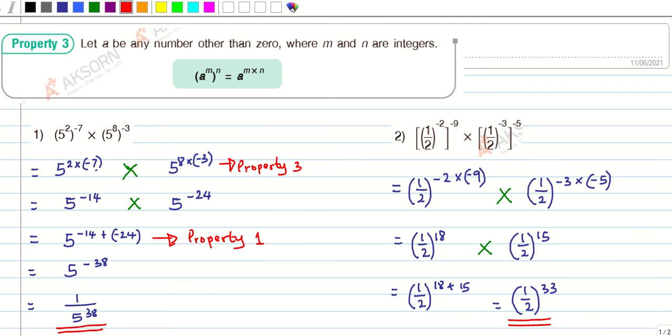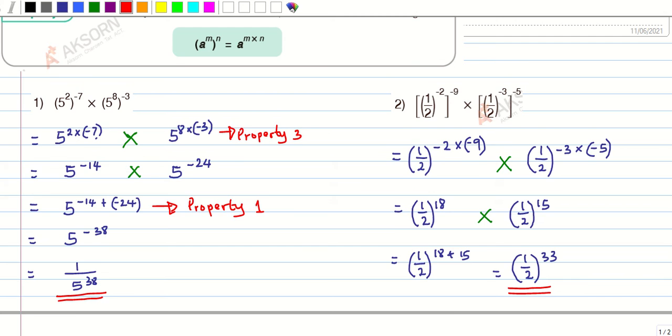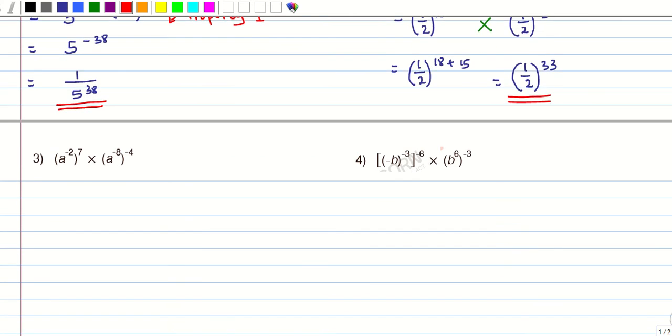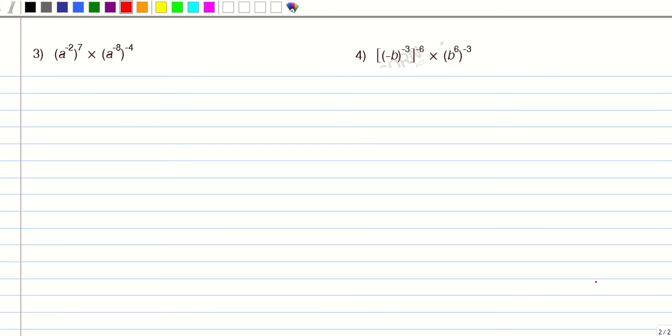All right. Now we look at example number 3. Okay. So we have a to the power of negative 2 into the power of 7 times a to the power of negative 8 into the power of negative 4.